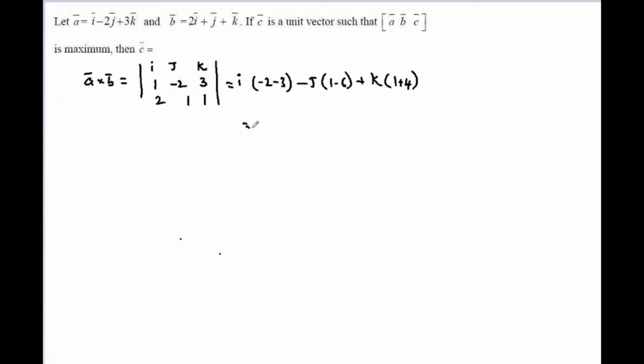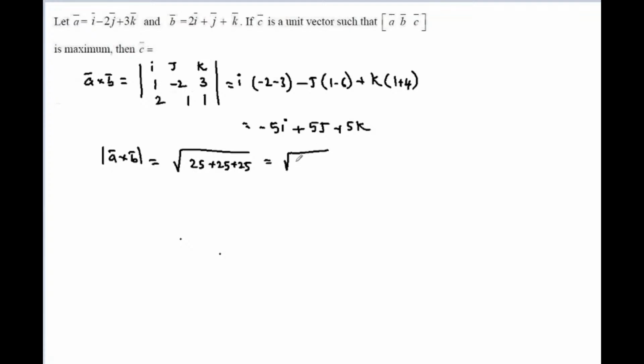That is equal to minus 5i plus 5j plus 5k. Now modulus of A bar cross B bar is equal to under root of 25 plus 25 plus 25, that is equal to 3 into 25, that is equal to 5 root 3.